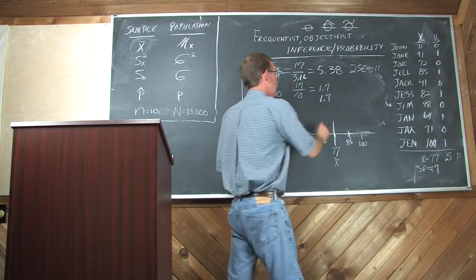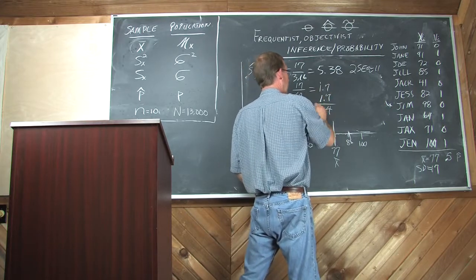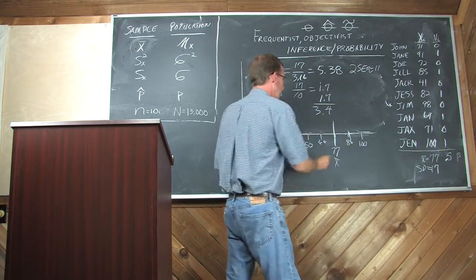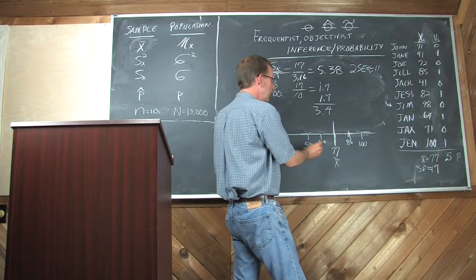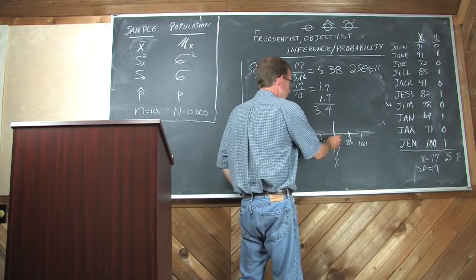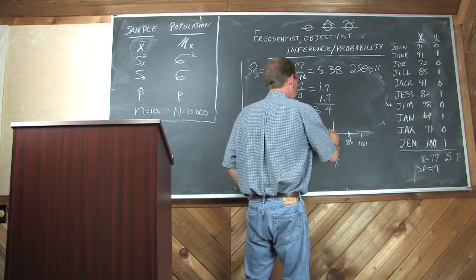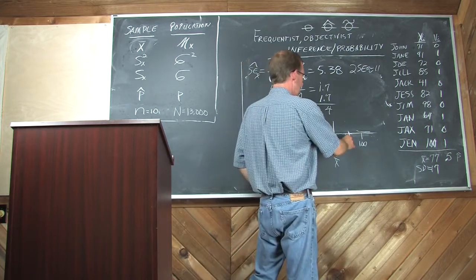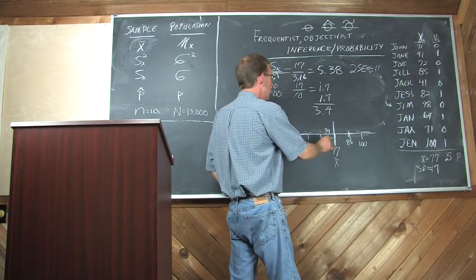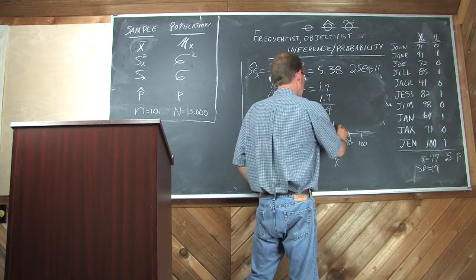Double 1.7, right? 3.4. That's how far we're going this time. Let's go about 3 and say, so we're rounding here. Let's go to 74. And let's go over here about 3, which would be about 80.